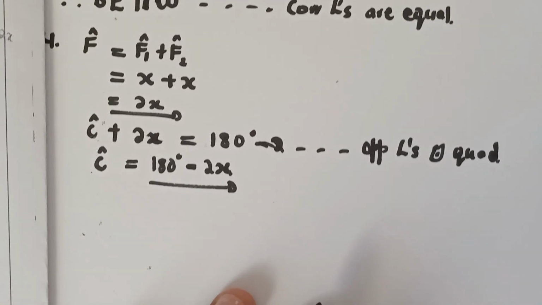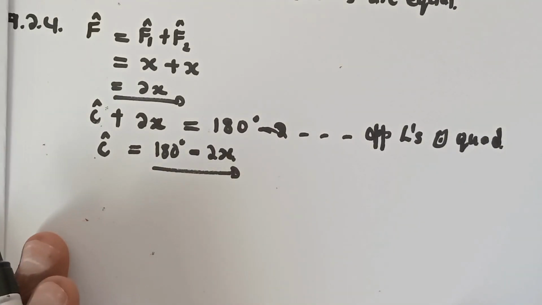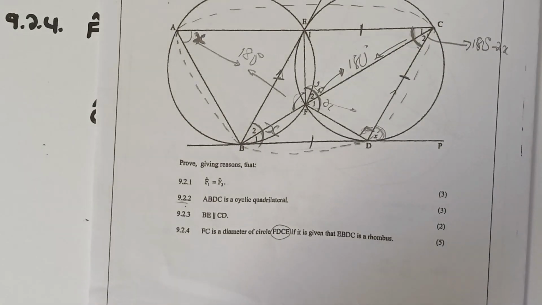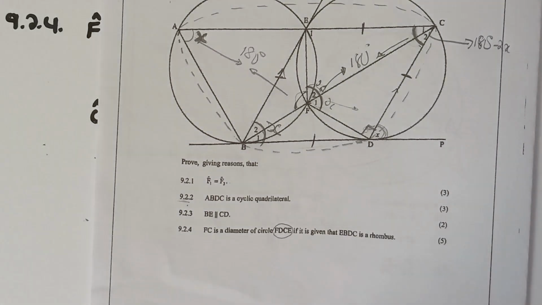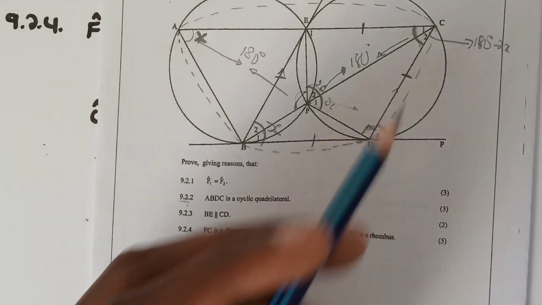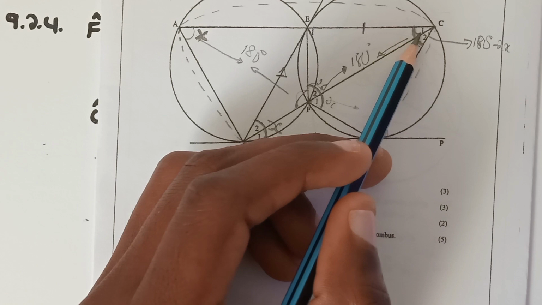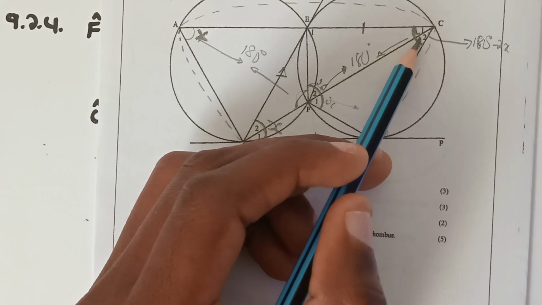Since it is given that EBDC is a rhombus, we know from the properties of a rhombus that the angle on this side must be equal to the angle on the other side.